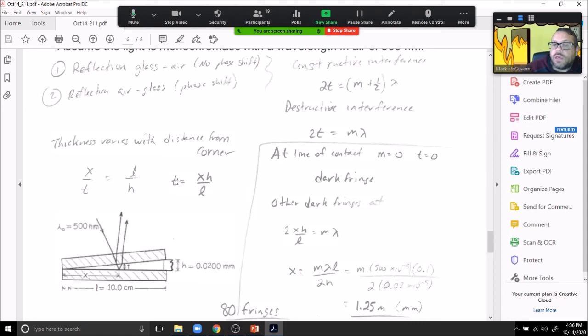Solving for t yields xh over L. x is my variable. Those are different distances from the far left side, which is the point of contact. So I can substitute that in for t.